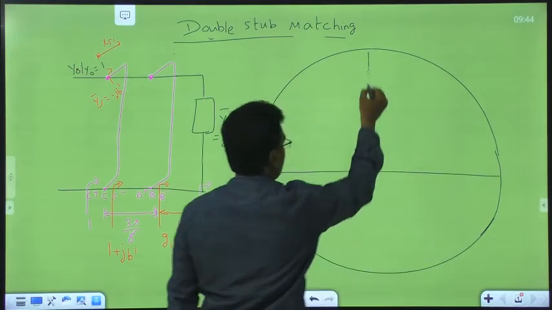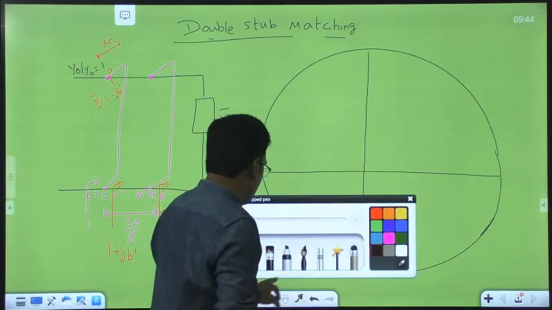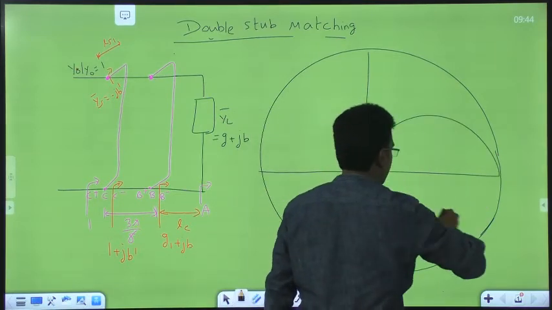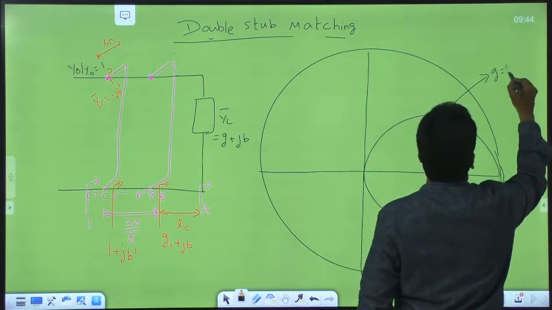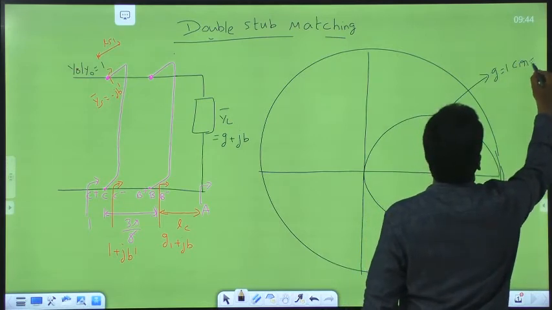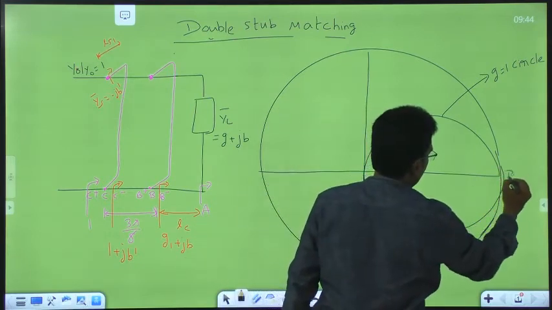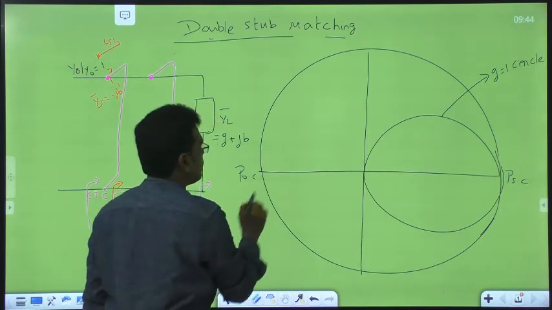Okay, this is a normalized admittance chart, and this is the G is equal to 1 circle. Okay, this is the short circuit point. This is the open circuit point.